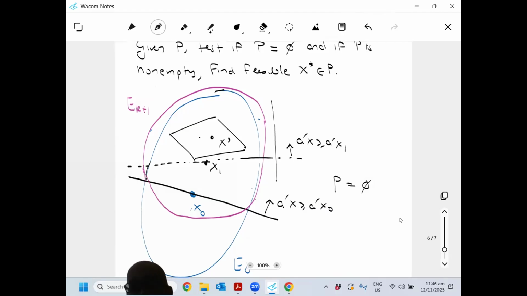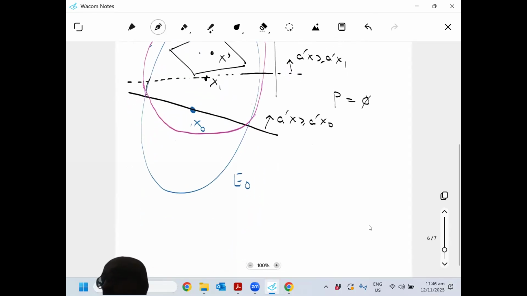Create now an ellipsoid which contains this part of the region, which will be a smaller ellipsoid, and repeat. Is the algorithm clear? Of course, the difficulty is to formalize this, to make all these steps algebraically possible. But is the concept of the algorithm clear? Any questions with the algorithm itself?